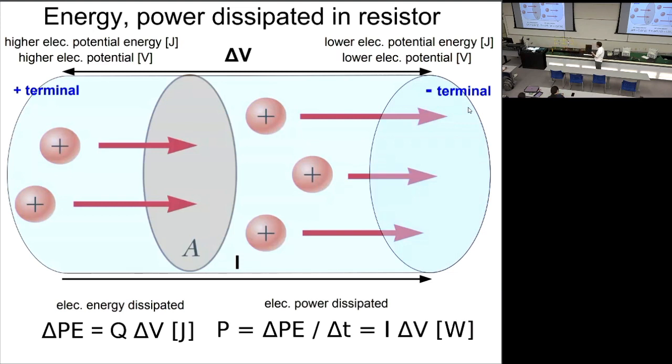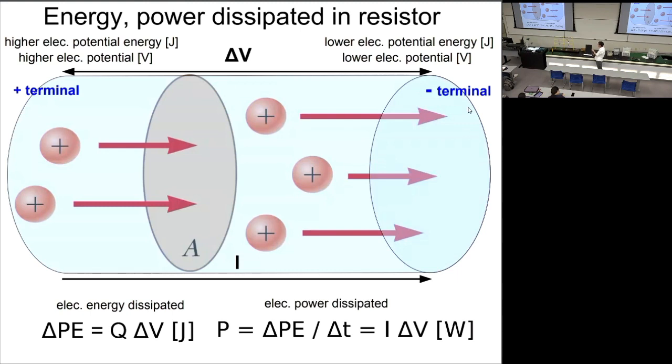The rate at which energy is supplied, that's called power. So this symbol here, P, is for power. The rate that energy is supplied is the amount of energy we supply divided by the elapsed time. Well, if I divide Q times delta V by the elapsed time, Q over T, charge per unit time, is current.